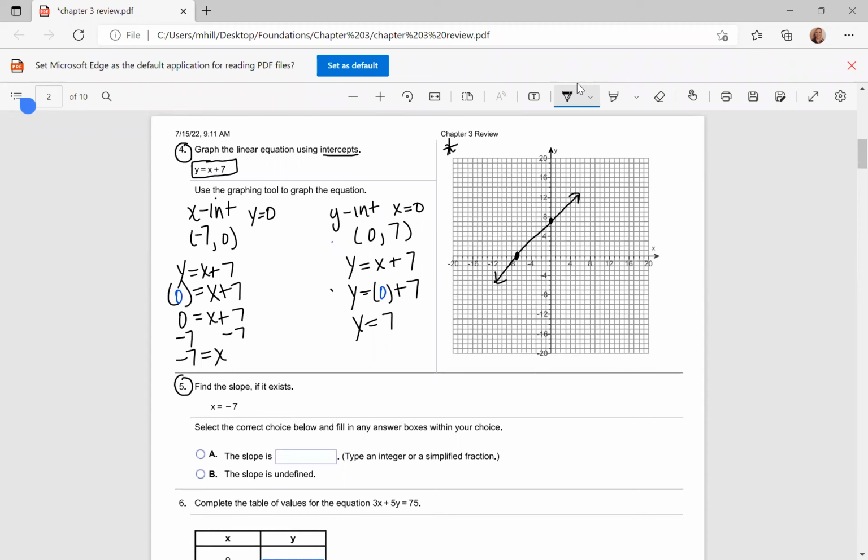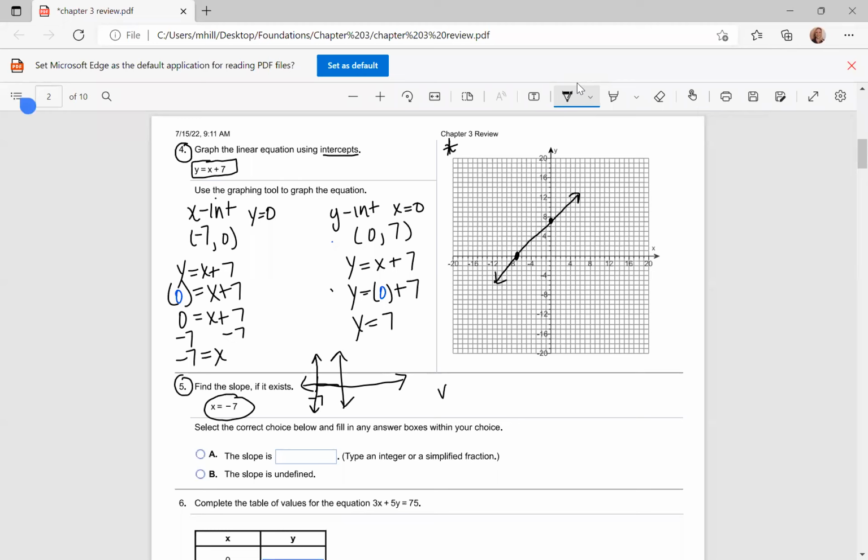Number 5 says to find the slope of this line, x equals negative 7. Okay. Really briefly, we just got through talking about how on number 3, if we were going to graph this, then we would go to where x equals negative 7, and it would just be a line that goes through x equals negative 7.